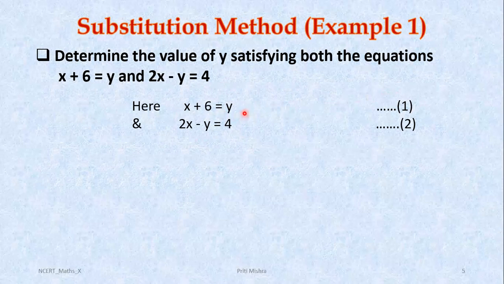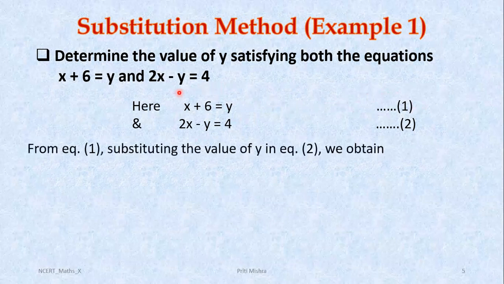So we just have to substitute this value of y in terms of x from equation number 1 into equation number 2. After replacing y by x plus 6, we have the equation 2x minus (x plus 6) is equal to 4. After opening these brackets, we have 2x minus x minus 6 is equal to 4.